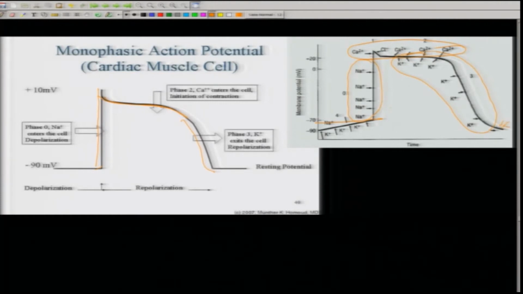So this is the fundamental difference between the monophasic action potential of the cardiac muscle cell, or cardiac myocyte, as compared to the pacemaker cells. This is something I want you to compare back and forth.